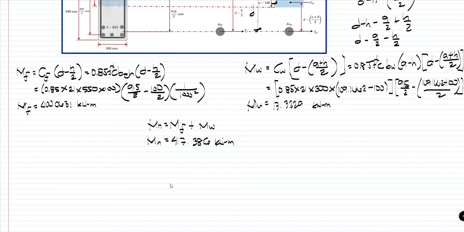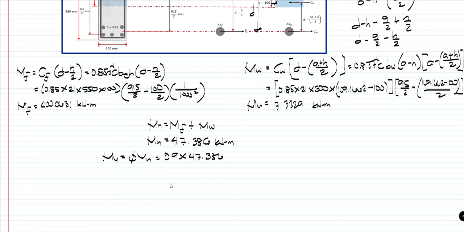So, now to get our ultimate moment capacity, so that is Mu, we will have here phi Mn. So, that is just 0.9 times the nominal moment capacity, which is 417.386 kilonewton meter.